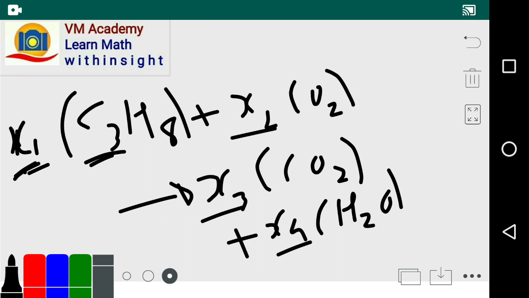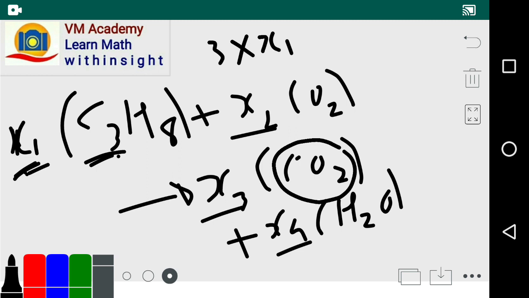So in x1 C3 there are 3 into x1 carbon atoms, and on right side carbon dioxide molecule has just one. So such x3 molecules are taken, then it contains x3 carbon atoms. So 3x1 must be x3, friends.